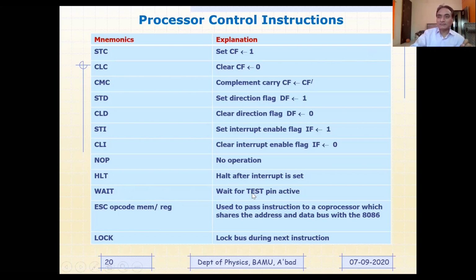Unless we make the test pin 0, you will not be coming out of the loop. Therefore, this WAIT instruction always waits for the test pin to be active. We have to activate the test pin, otherwise you will not be able to come out of the wait state.